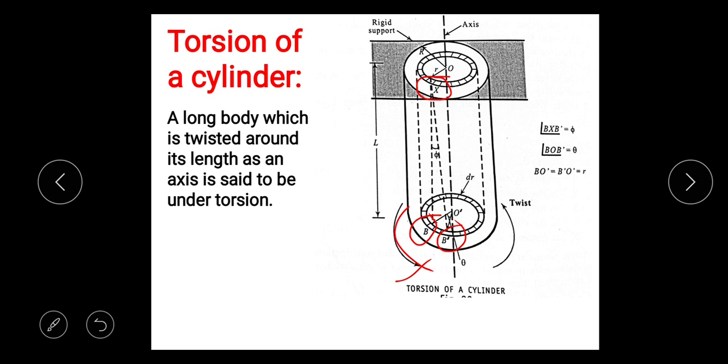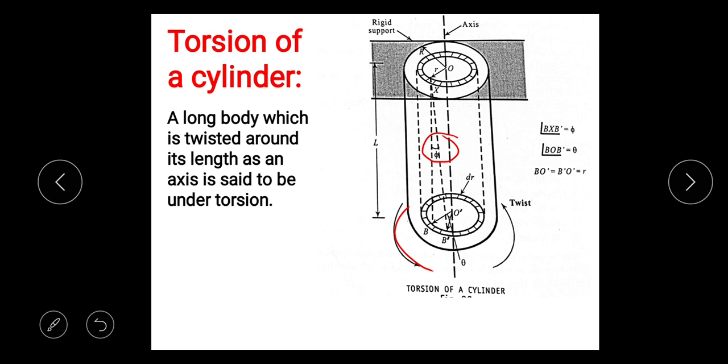While there exists shifting of the point from B to B dash, we can see two angles here. One angle is phi. This is that angle, angle BXB dash. So this angle is phi, and it is called the angle of shear. Phi is small.